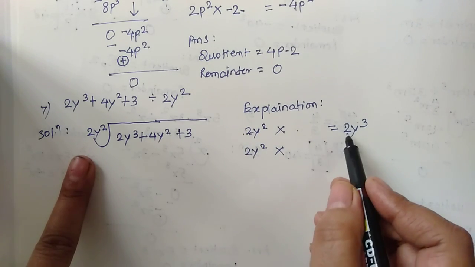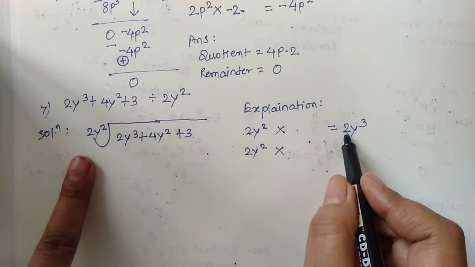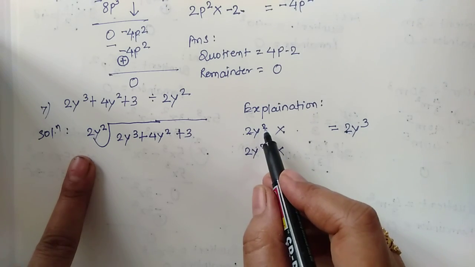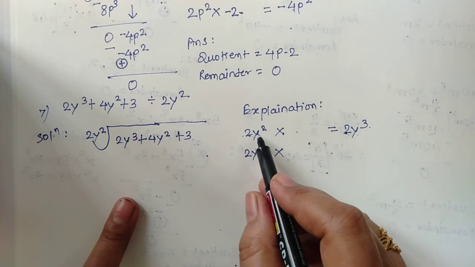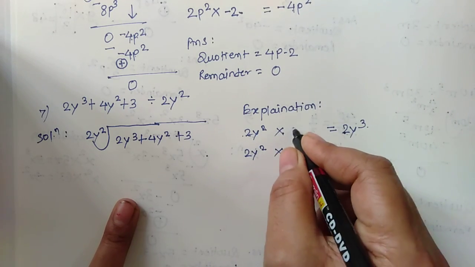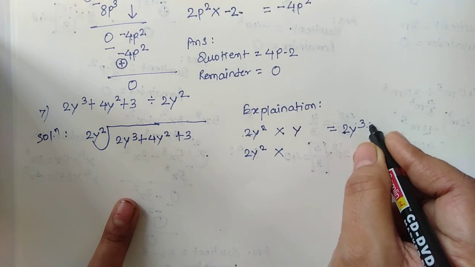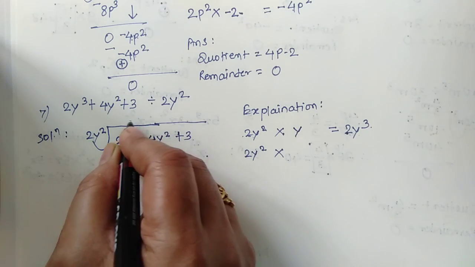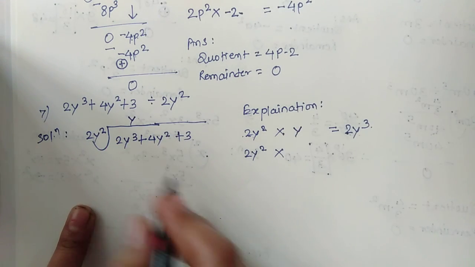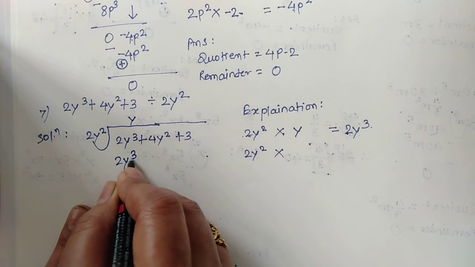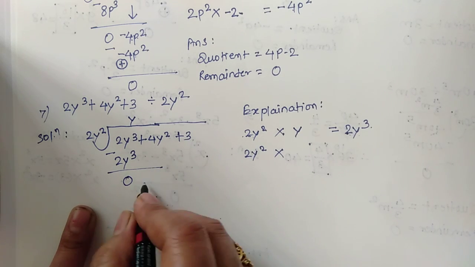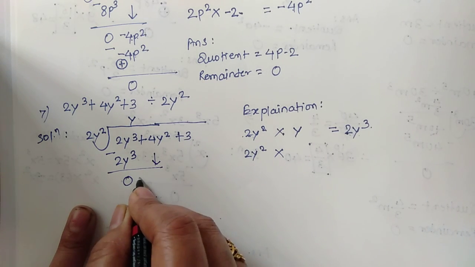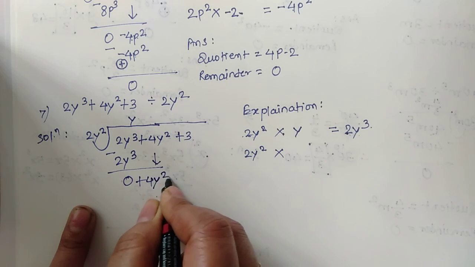So 2 ones are 2, correct? So no coefficient here. Now see the variable part y square and y cube. Then y square multiplied by y is equal to y cube. So our multiplier is y. Then we get the twice y cube. Take the subtraction here. Answer is 0. Now plus 4y falls down.